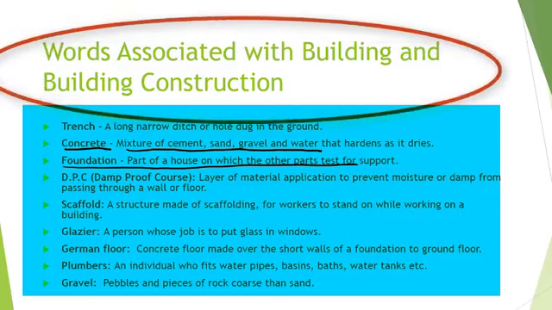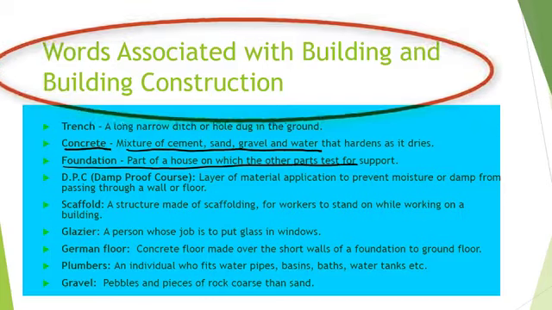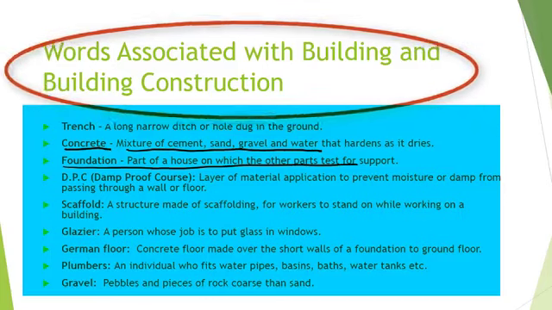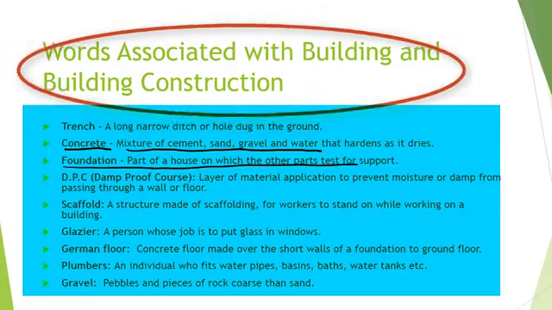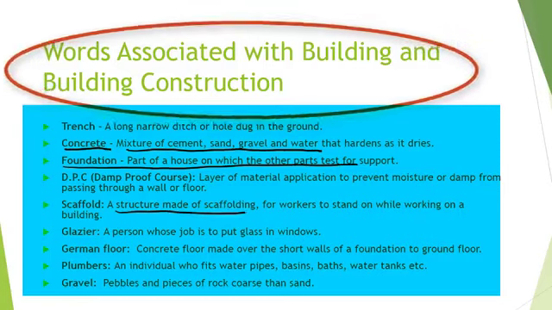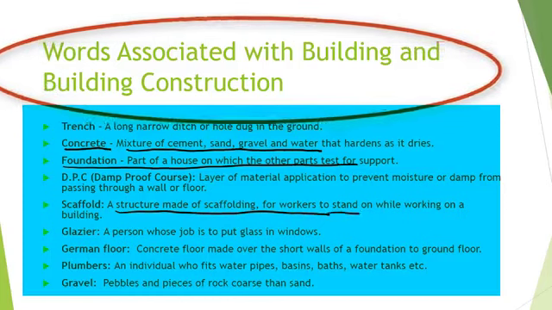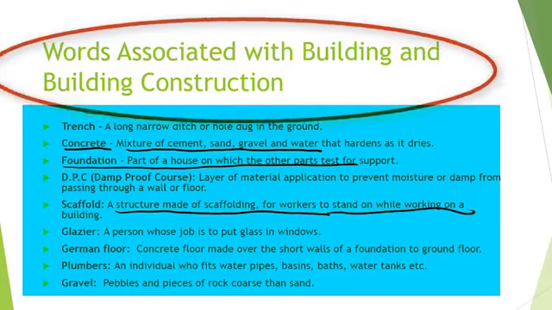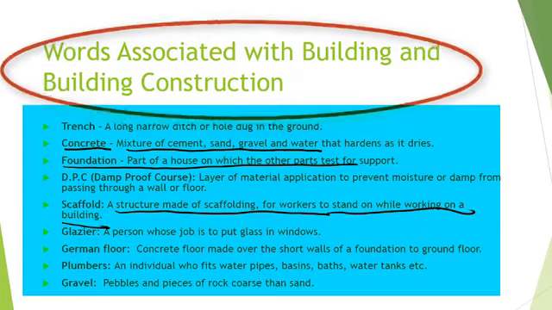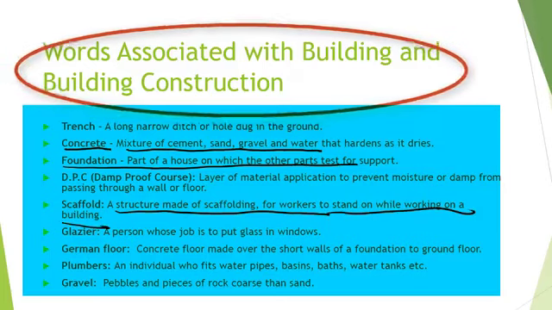Then we also have what is called your scaffold. The scaffold is a structure that is used to provide support for workers when they are working outside the building and when they are working on the walls. We call that structure a scaffold.